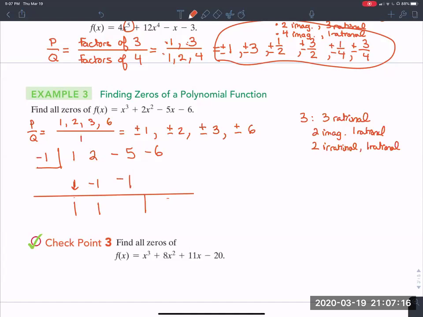Negative 5 plus negative 1 is negative 6. Negative 6 times negative 1 is 6. And we got 0. So negative 1 is a factor. If negative 1 is a solution, that means x minus negative 1, or what is minus a negative? x plus 1 is a factor.